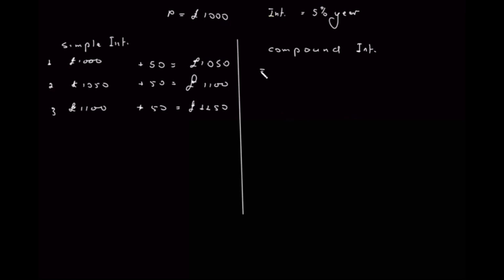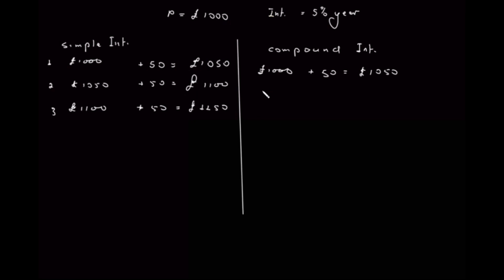End of the year, we have our £1,000 plus the 50, which is the same as the other one at the start, at the first calculation cycle. So it is £1,050. That's end of year 1.